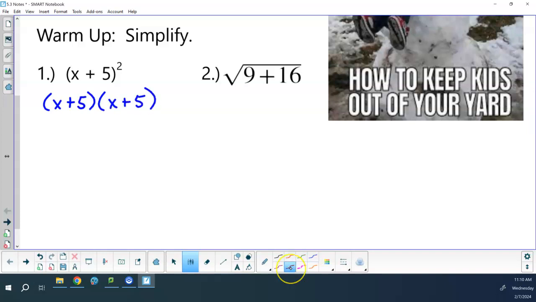And so then that would be x squared plus 10x plus 25. Right? Because you double distribute, and then you'd have to multiply these two together and these two together.